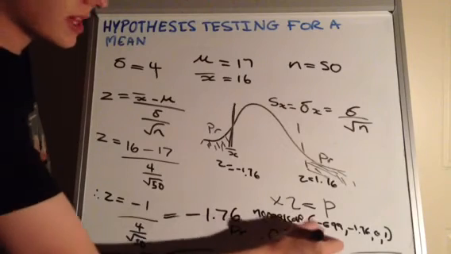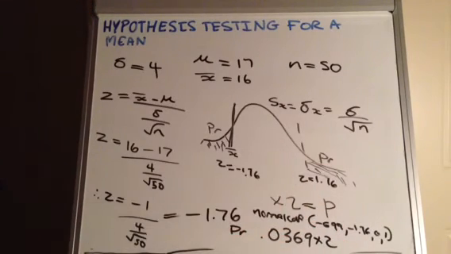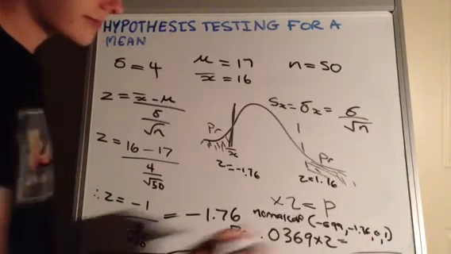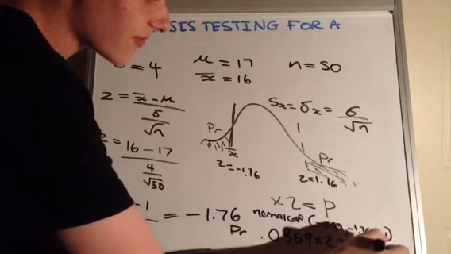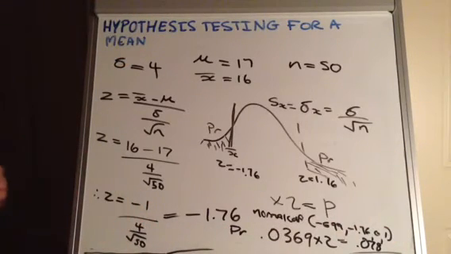However, in this case, again, we've got to times it by 2, because it could be at the other end of the extreme. And when we do that, we go second function answer times 2, and we are able to work out that's actually 0.078 as the significance level. 0.078.